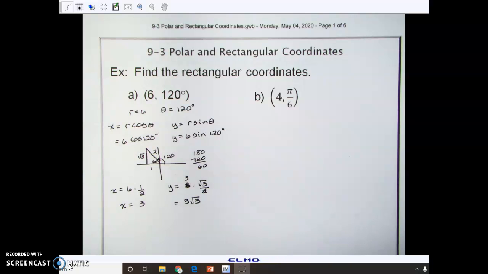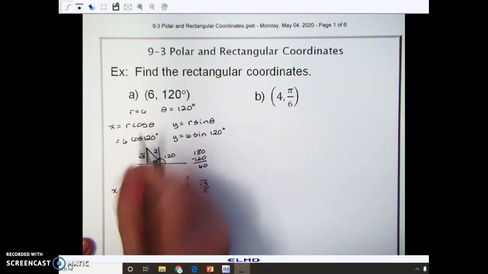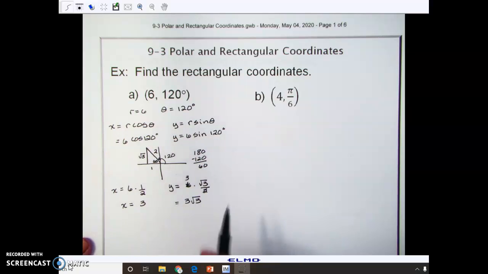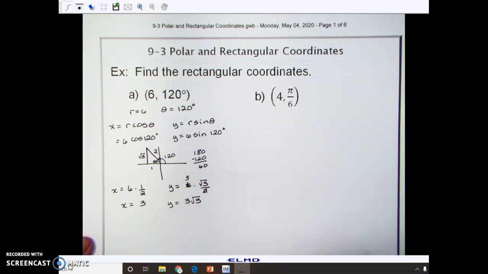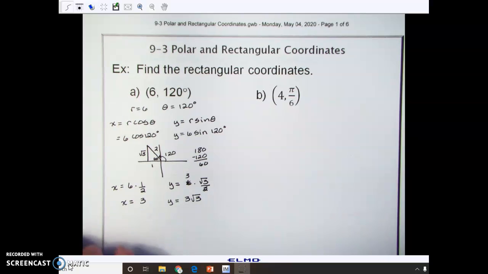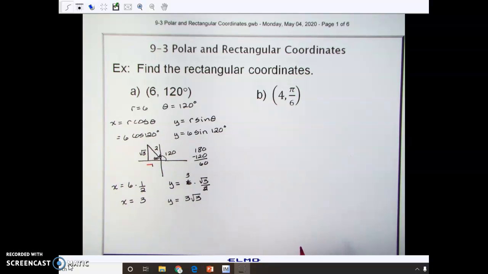Now, partway into the question, I realized I had made a slight error, but this is how you want to check it. Did you notice that this point is going to be 6 units out from the origin, putting it into quadrant 2? And in quadrant 2, x and y are not going to both be positive. So I need to come back and see where I went wrong. My y value is positive, but my x value needs to be negative.